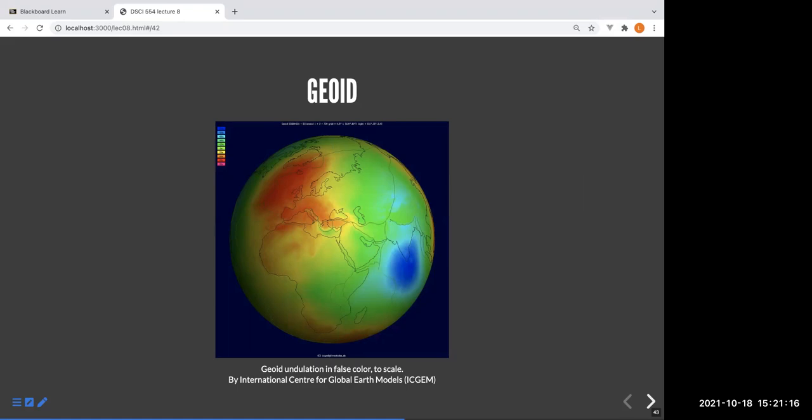So yeah, the area here around Northern Europe is at a higher level in terms of the gravimetry than the area here in the ocean. That looks more normal.